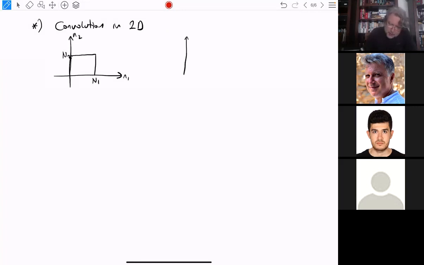And suppose we have a convolution impulse response or point spread function in this form.